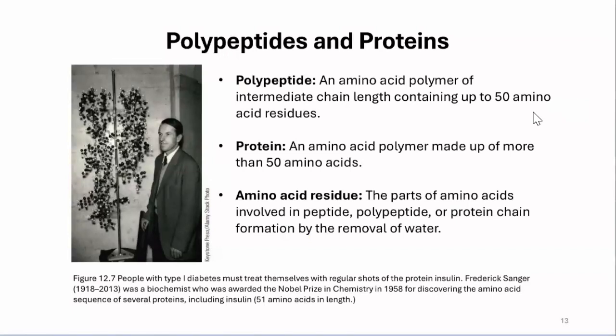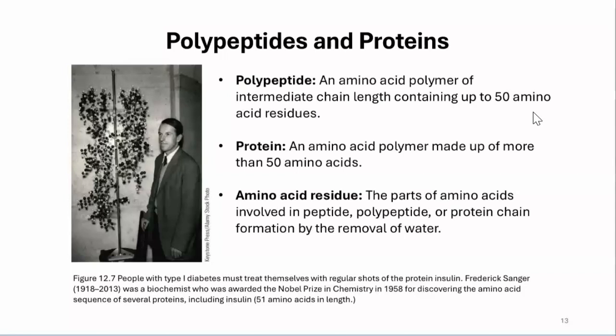And these amino acids are linked together via amide bonds. Now, a peptide or polypeptide is going to be an intermediate chain length containing up to 50 amino acids. Protein specifically is going to be an amino acid polymer that has more than 50 amino acids.